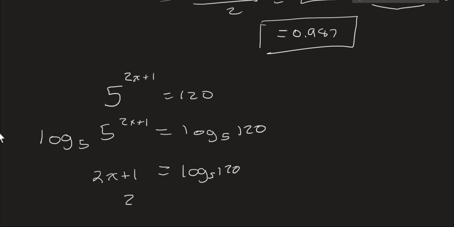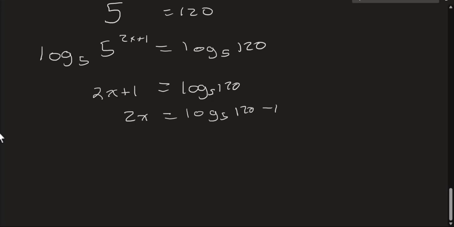Then subtract 1 from both sides. 2x equals log base 5 of 120 minus 1. Or x equals log base 5 of 120 minus 1 over 2.